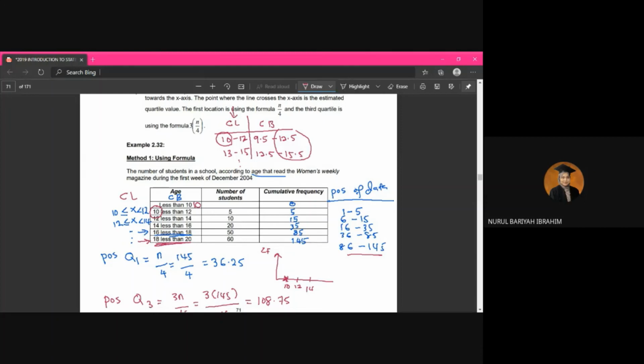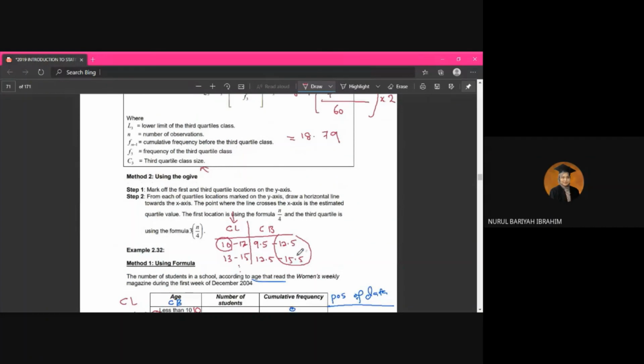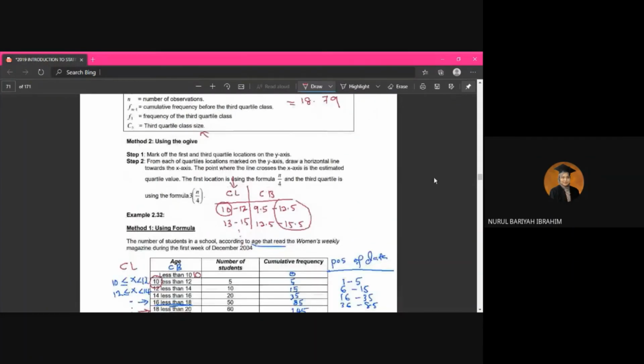Okay, so that is the way how you find the Q1 and Q3 using the formula. Okay, so after this, we will tengok pula how to use the ogive to find the Q1 and Q3.